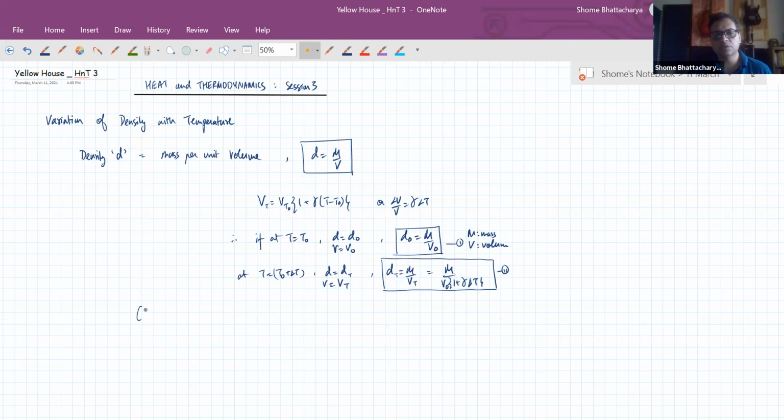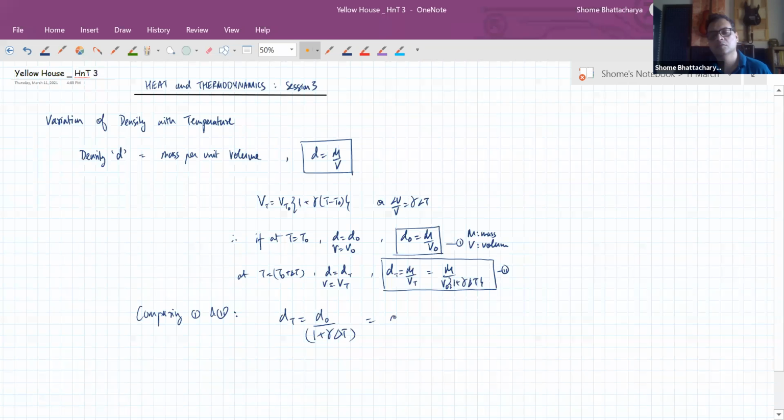So comparing equations 1 and 2, you can see that density at temperature T is equal to density at temperature T naught divided by 1 plus gamma delta T, or (1 plus gamma delta T) to the power minus 1. Now we can use the binomial approximation method.